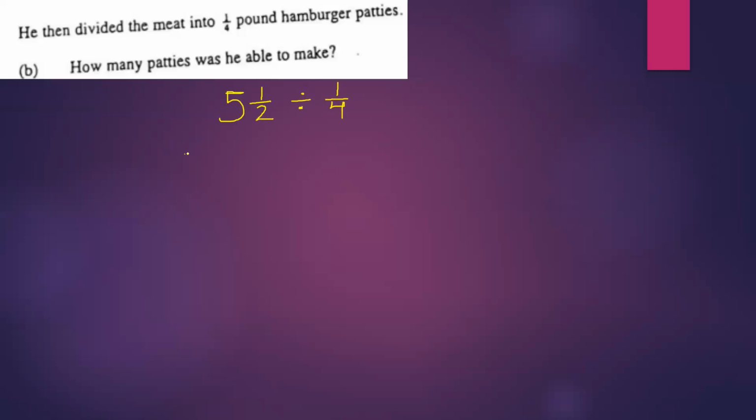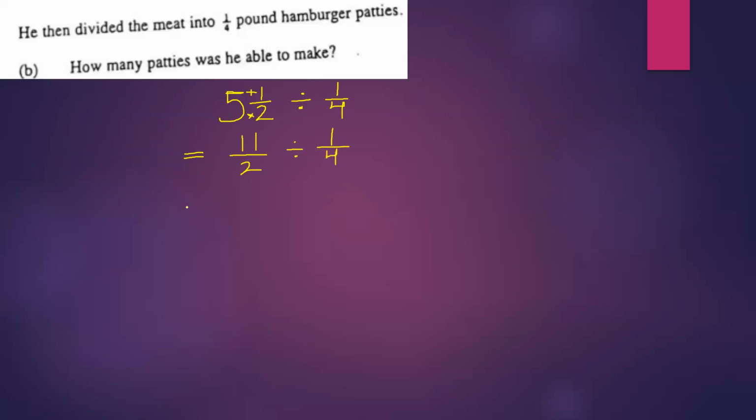In order to do that, we must change this mixed number into an improper fraction. 5 times 2 is 10. 10 plus 1 is 11. So 11 over 2, divided by 1 over 4.